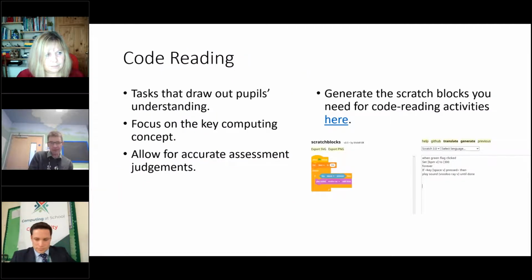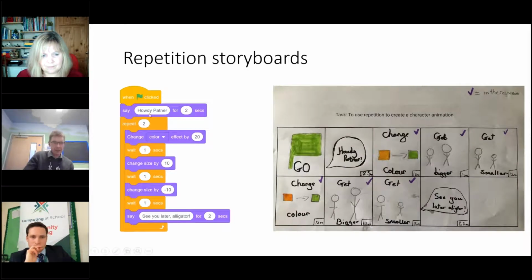And other activities that I like to use are code reading activities, using this wonderful website here called Scratch Blocks, where you can just type your code in and it gives you an explanation. You can get good resolution Scratch blocks that you can download, wonderful for displays in the classroom. But just doing things like giving children this and asking them to create a storyboard that shows the animation here.